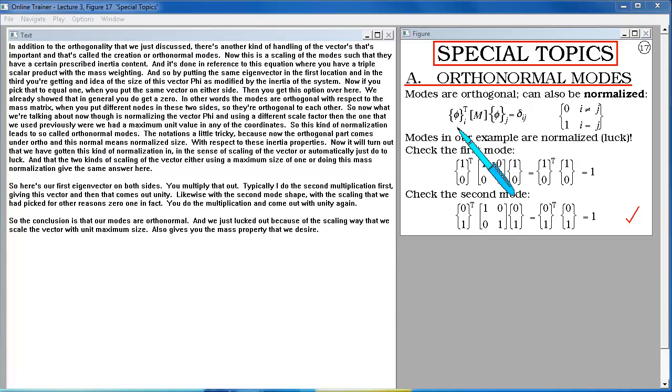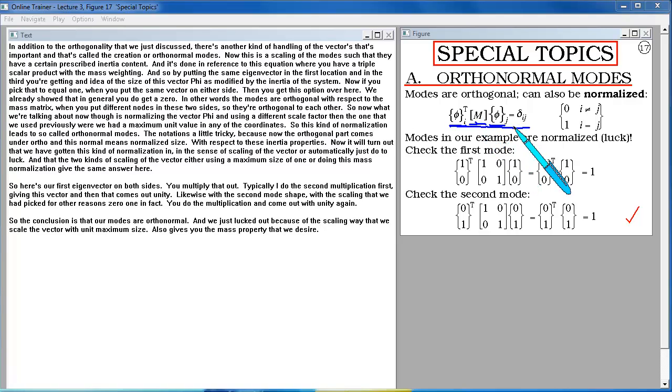And it's done in reference to this equation where you have a triple scalar product with the mass weighting. By putting the same eigenvector in the first location and in the third, you're getting an idea of the size of this vector phi as modified by the inertia of the system.